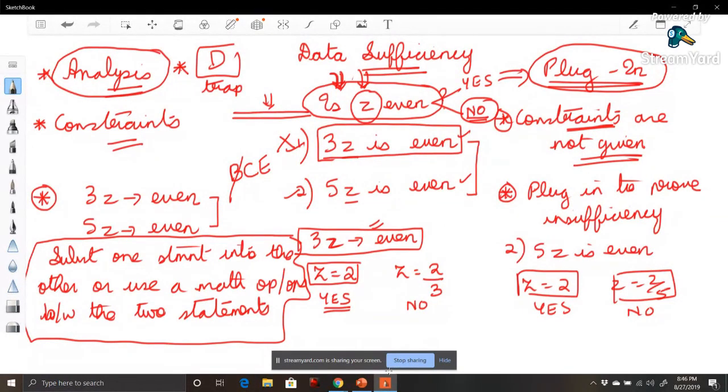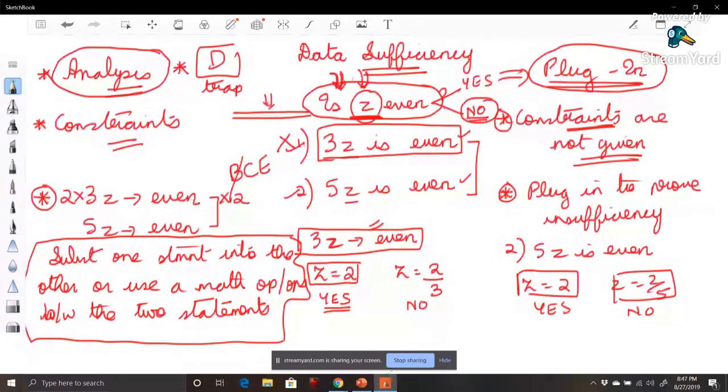So what I've been given here is two pieces of information. I've been given 3z is equal to even and I've been given 5z is equal to even. Now what I need to do is think of a mathematical operator or two or three, however many you want, which answers information about z directly. So I'm going to multiply the first statement by 2. You see, I'm using an algebraic approach.